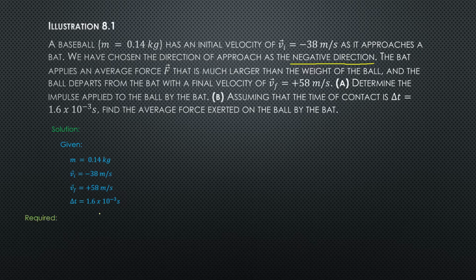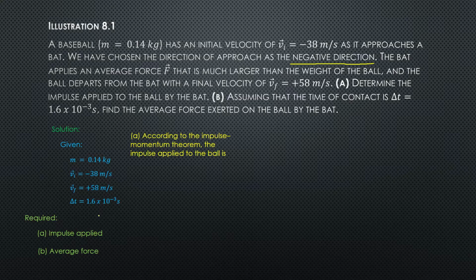The required for letter A is the impulse applied to the ball, and for letter B the average force exerted on the ball by the bat. For letter A, according to the impulse-momentum theorem, the impulse applied to the ball is given by this formula. Recall that impulse is equivalent to the change in momentum.